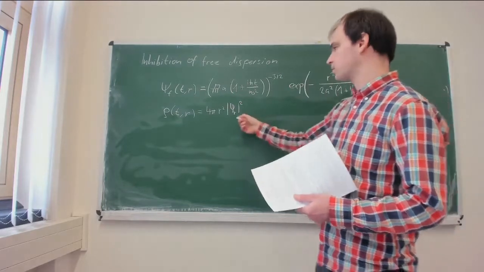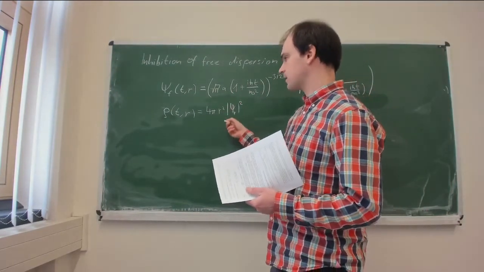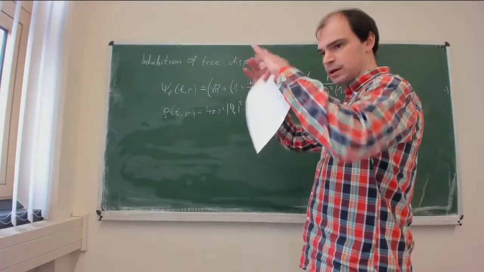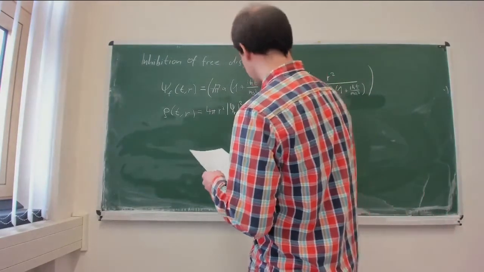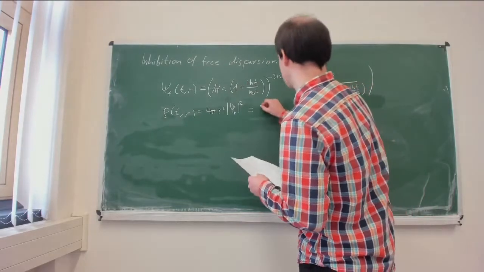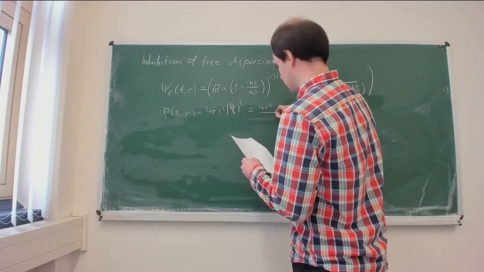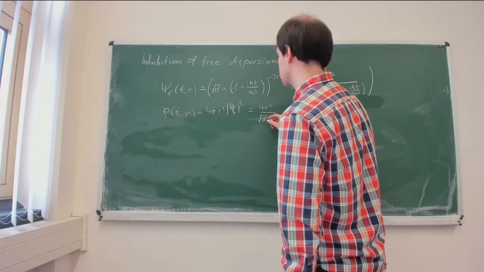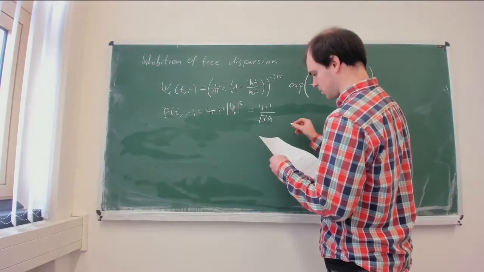So this is the probability density of finding the particle at distance r from the center without caring where on this sphere it is. And so this I can now express as 4 r squared divided by square root of pi a cubed.